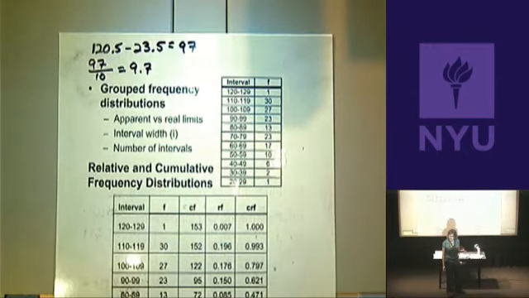Now, your question essentially was, why do we have an entire interval for 120 to 129 if the kid could only score up to 120, right? Isn't that sort of what your question is?